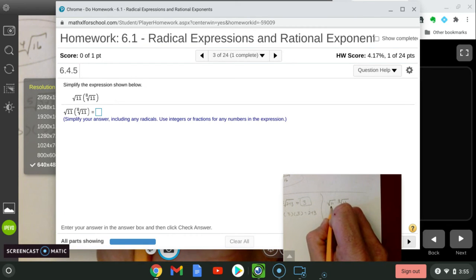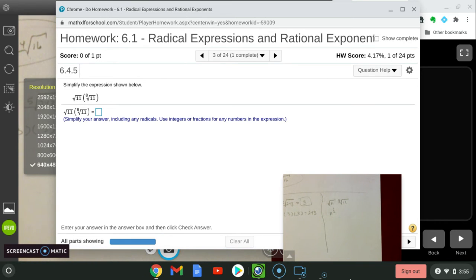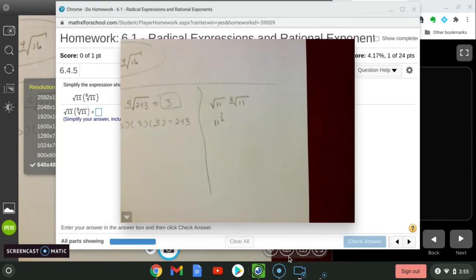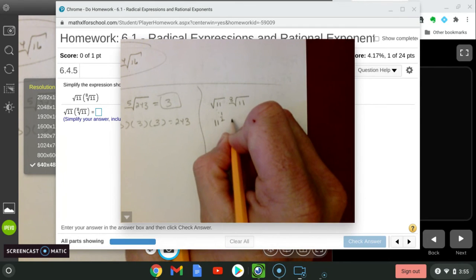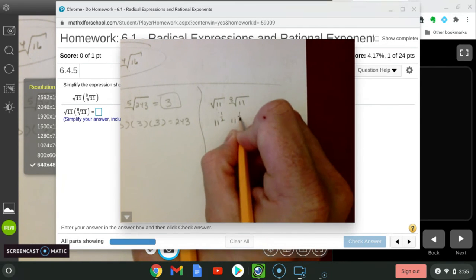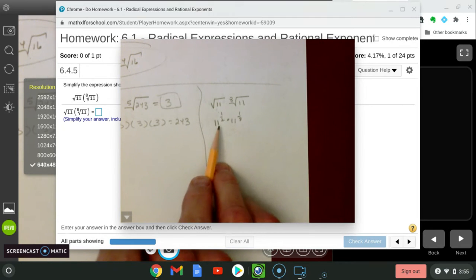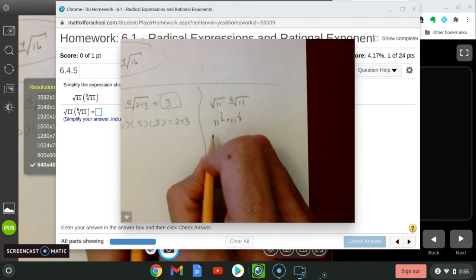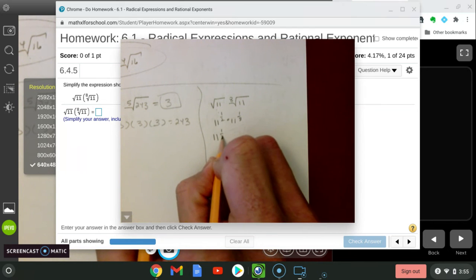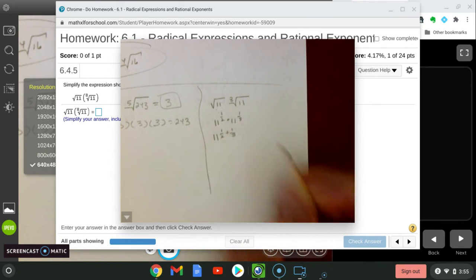So here's what we have. I know that the square root of 11 is 11 to the 1/2 power. And the eighth root of 11 is 11 to the 1/8 power. So now I'm multiplying two powers that have the same base. When I do that, I know that I can add the exponents together. 1/2 plus 1/8.